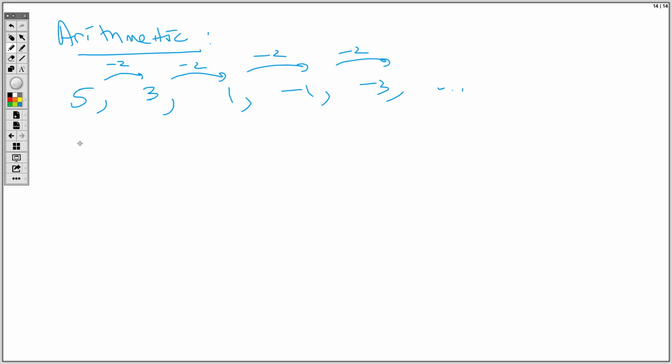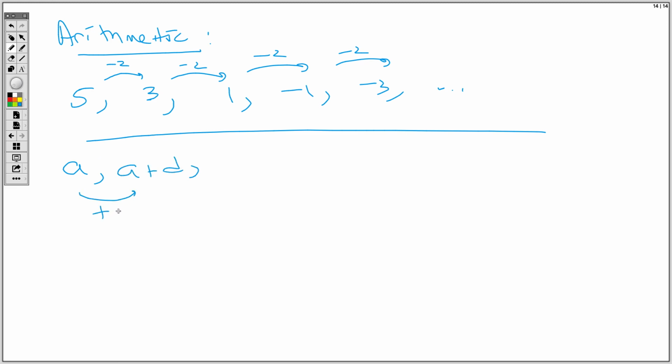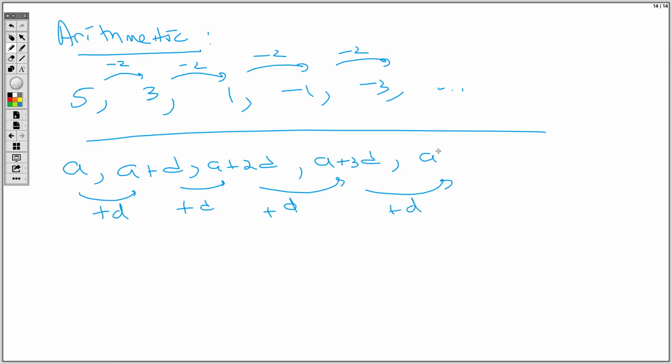So in general, in an arithmetic sequence, you start with some number a, and the way you go from one to the next is you're always adding the same number, d. And so on.